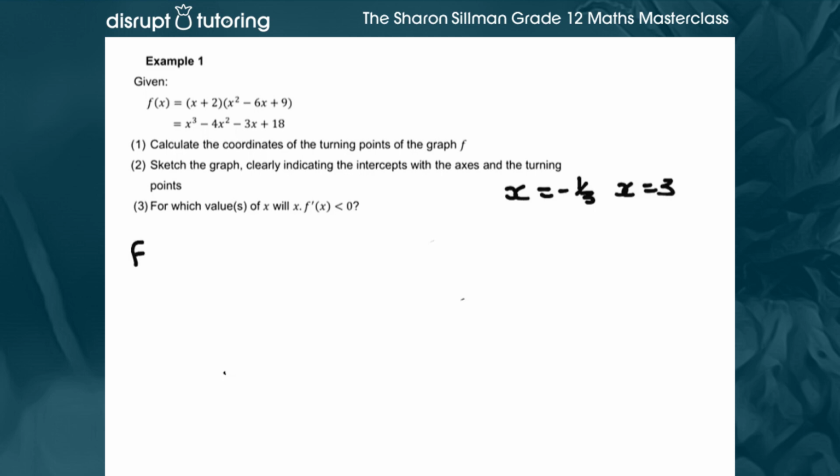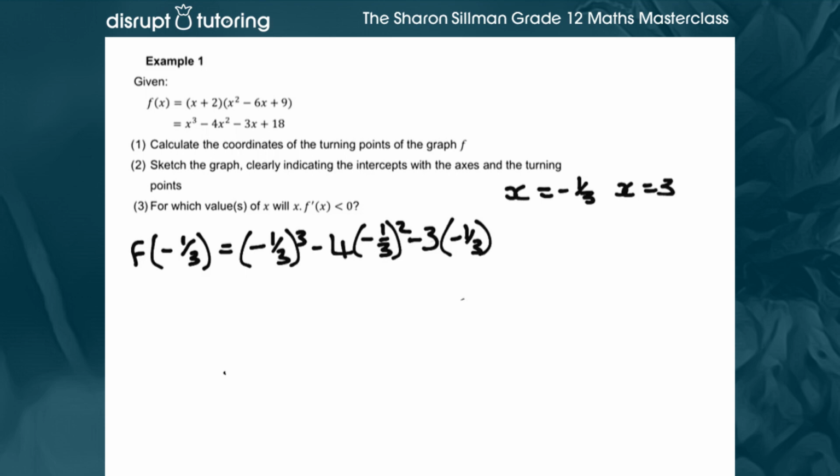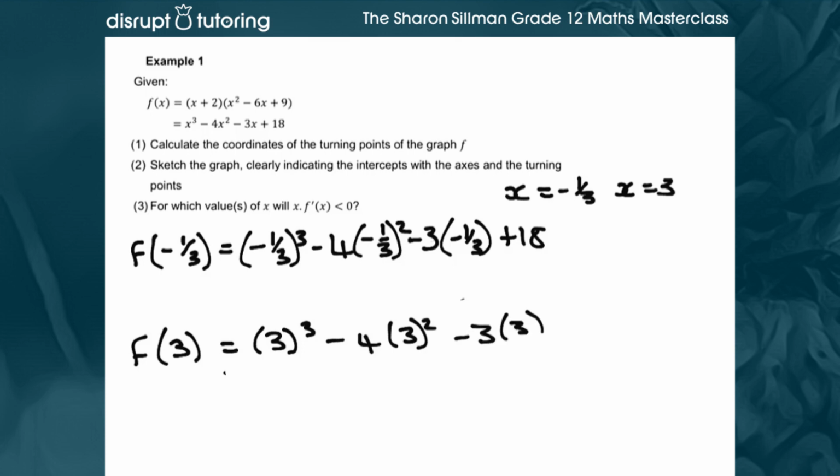So in order to do that, we need to find what the y value is in the function when x is negative 1/3. And we will also need to find what the y value is when x is 3. You'll do these two calculations on your calculator.